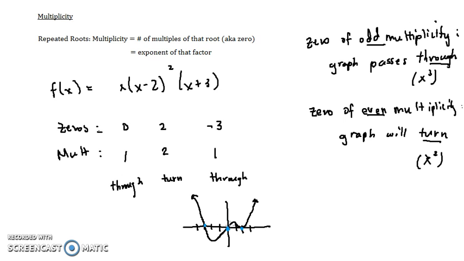At 0, we want to go through. You can see that the graph goes through. At 2, the graph is going to turn. You can see that little parabola shape there, it turns. And at negative 3, it needs to go through. And it does. Okay, so now we can tie in the factors and the exponents to what's happening on the graph as well.